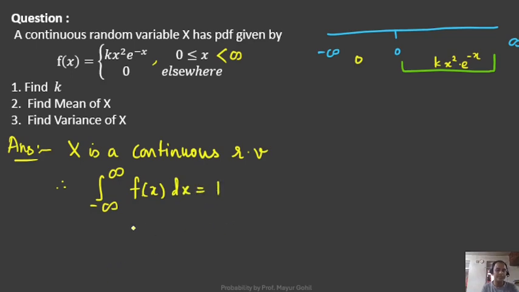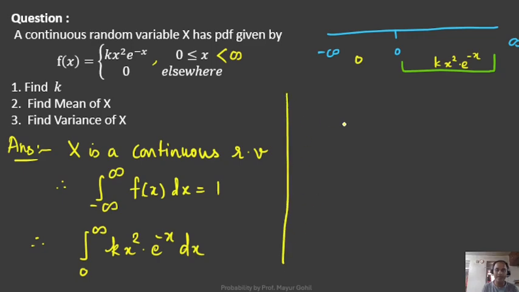So we can integrate here from 0 to infinity k times x squared into e raised to minus x dx. So k times the integration from 0 to infinity of x squared into e raised to minus x dx equals 1. That is what we will get.